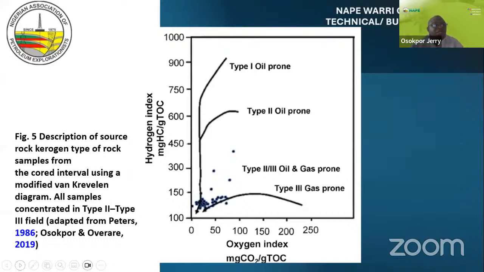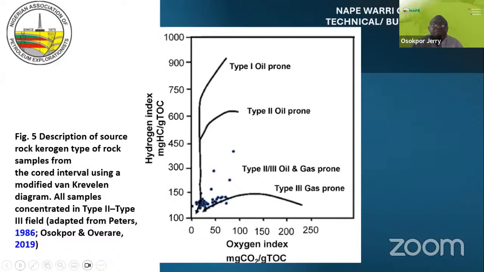Now, in order to describe the source kerogen type, we've used this pseudo Van Krevelen diagram to type our kerogen and see where they fall. You notice that there's a concentration of these materials within the type 3, the gas-prone region, with a few scattered samples within the type 2, type 3 area.